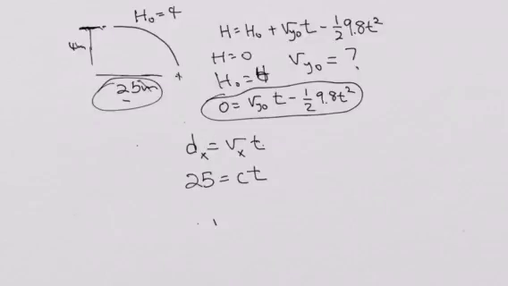That should have been a 4, my initial height, because that was the initial height originally. And so even this equation here is wrong. All right, I'm doing this over.